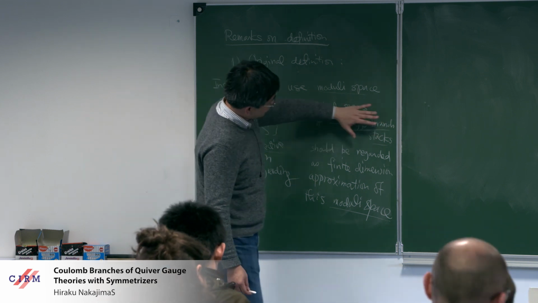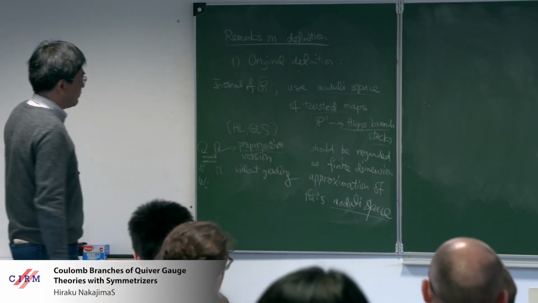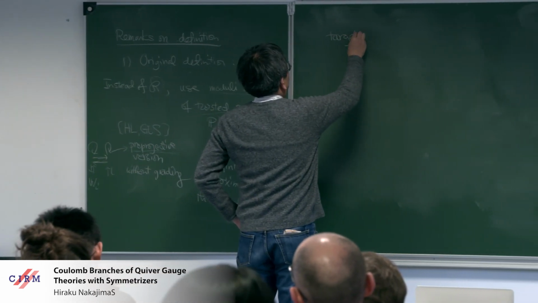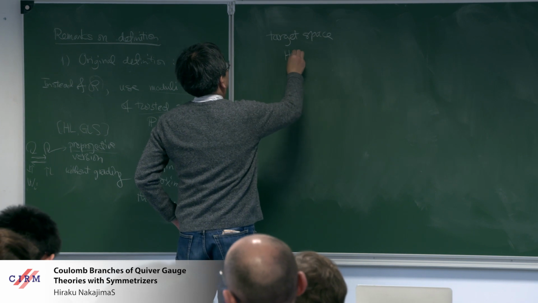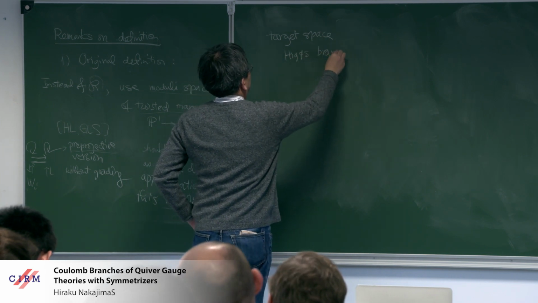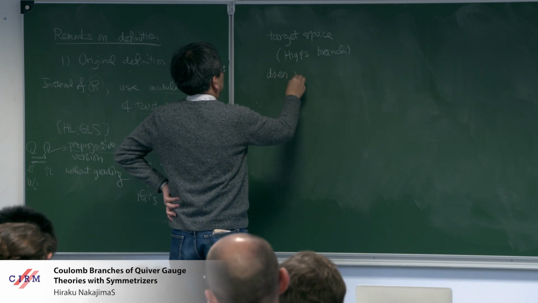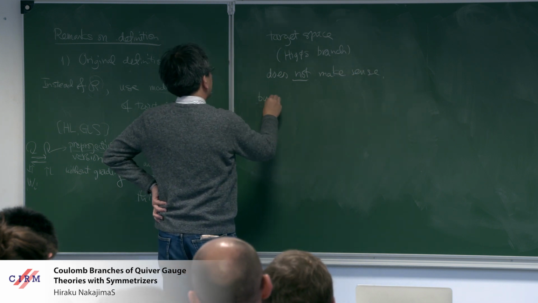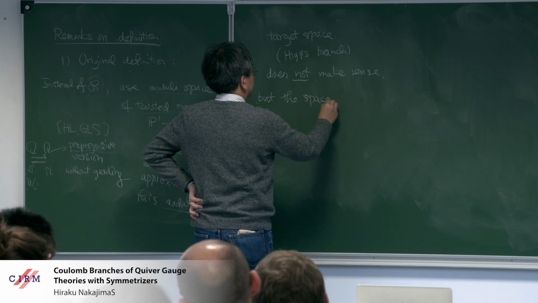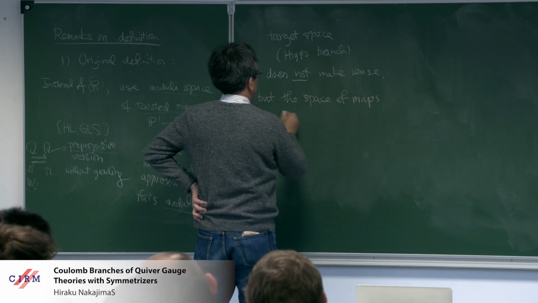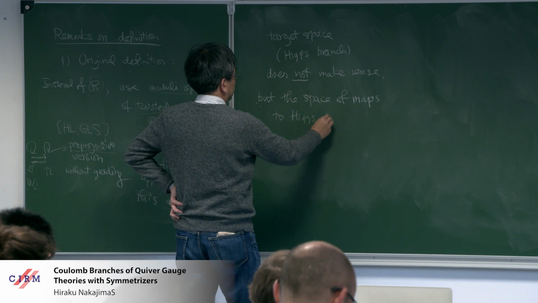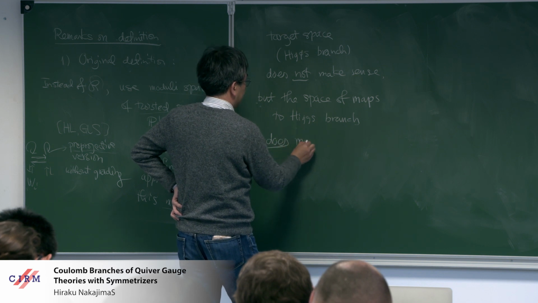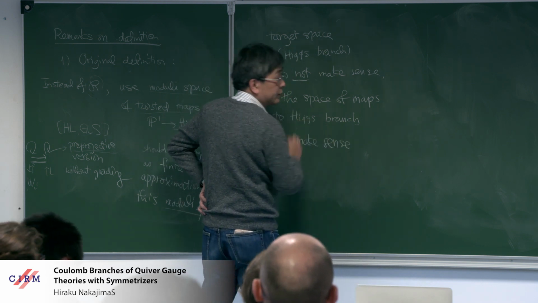My understanding is that the target space for symmetrizable doesn't quite make sense. But the space of maps doesn't make sense either. So this is what we learn from this construction.